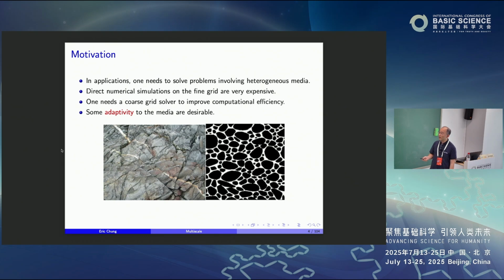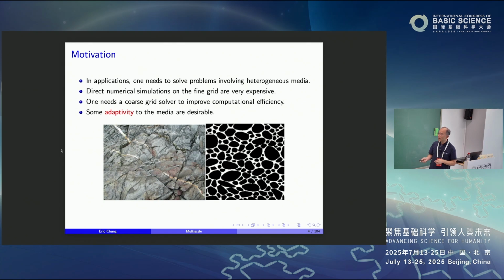If we apply standard numerical methods to solve these kinds of problems, you expect that your grid size needs to be very small because there are a lot of different structures in the domain. This means that the computation will be very expensive because you will have a lot of unknowns in the discrete problem. That's why we would like to consider some coarse grid solver in order to improve computational efficiency.